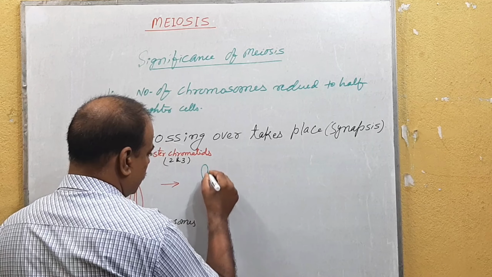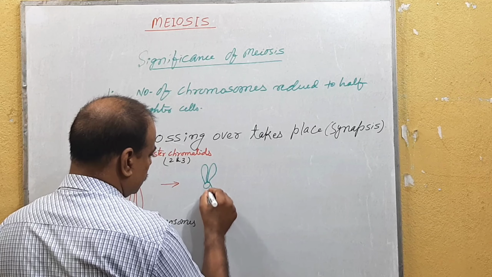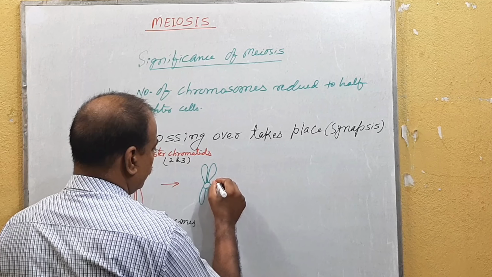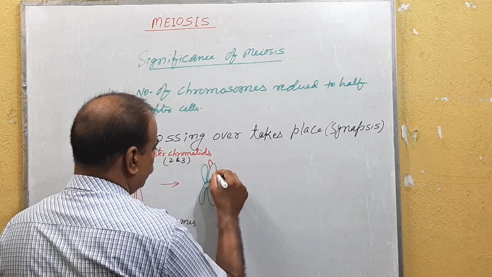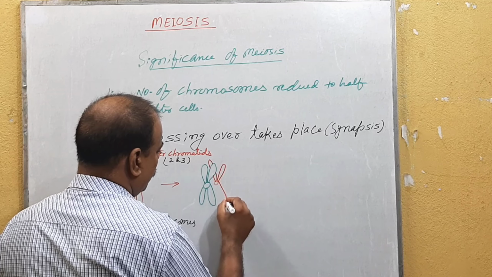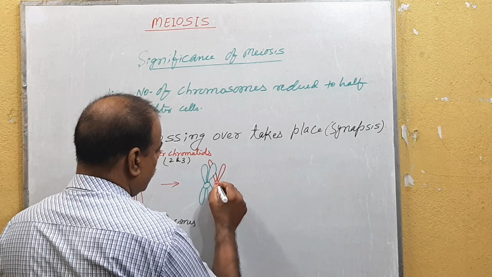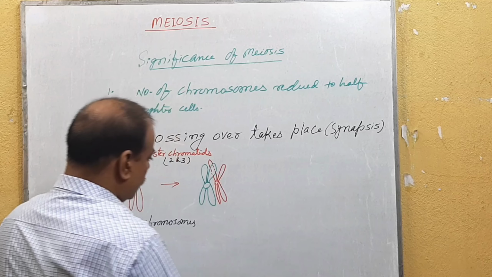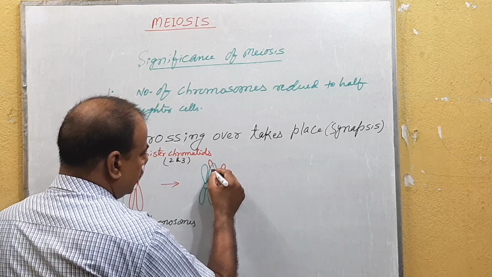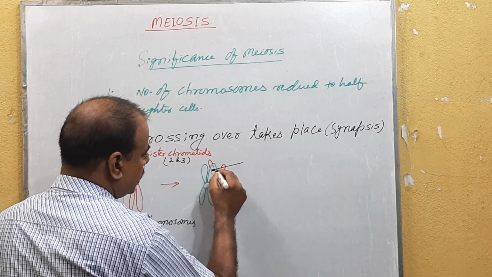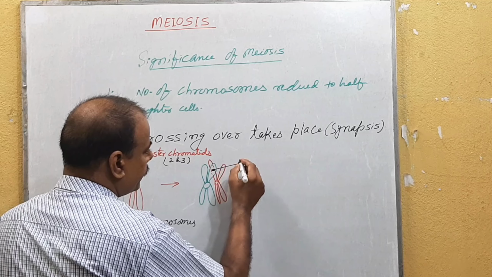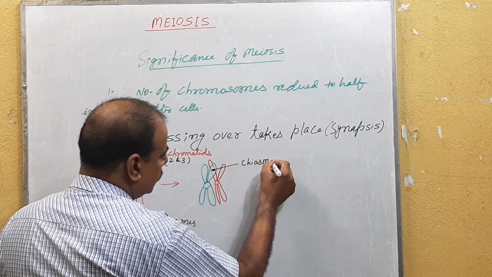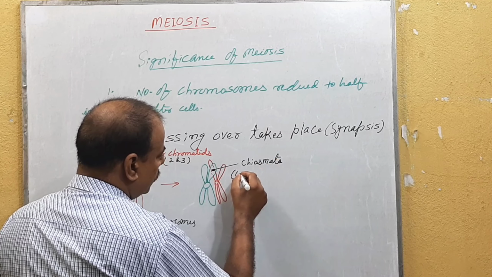During this process, when the homologous pair of chromosomes lie side by side, a point of contact between these two non-sister chromatids is known as chiasmata or crossover.